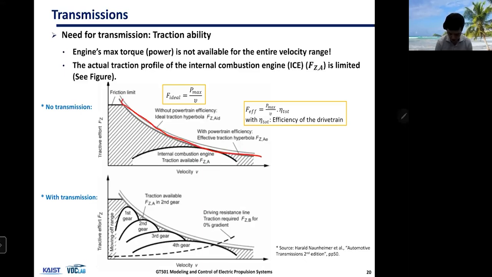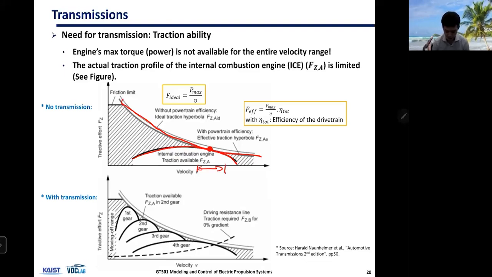This line will meet the maximum torque line at some point, and usually this point is where the engine is producing maximum power. So what this means is the engine can only produce maximum power for a very narrow region.